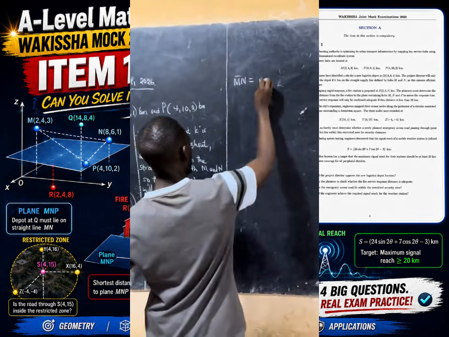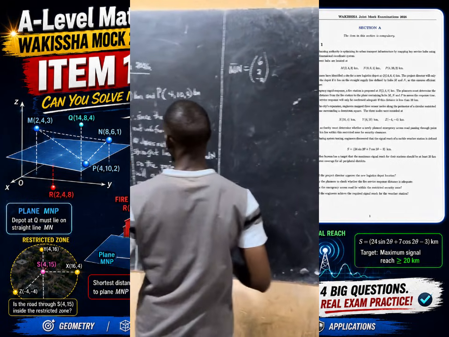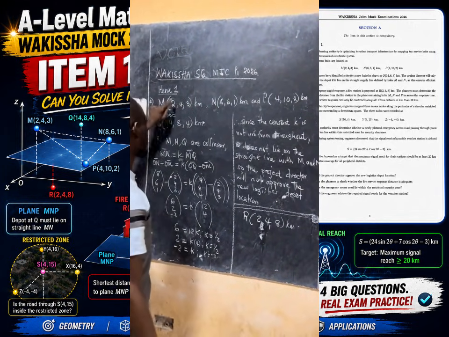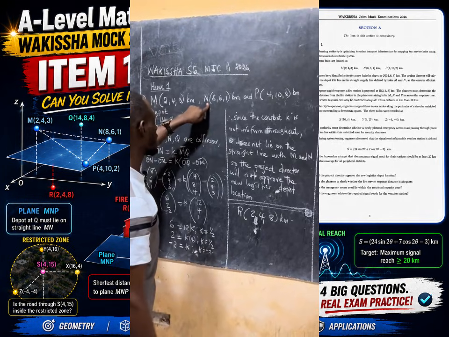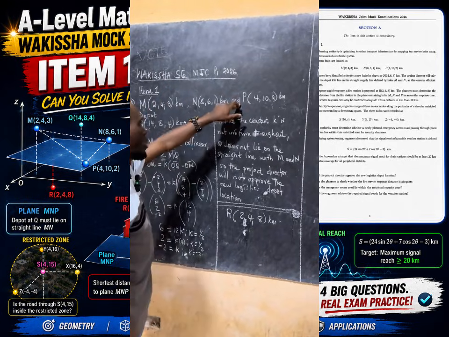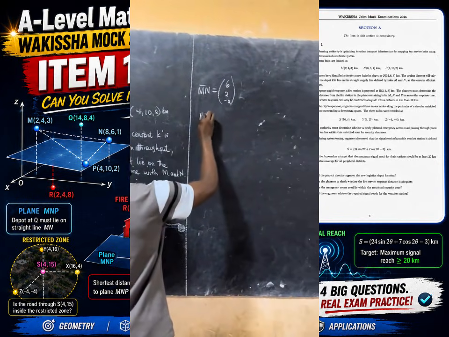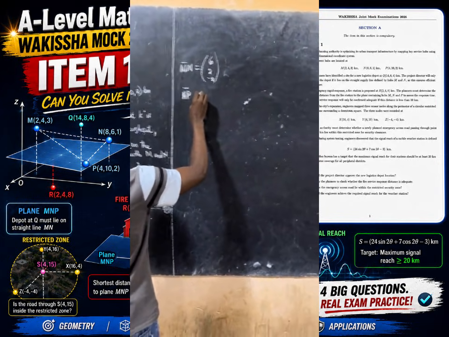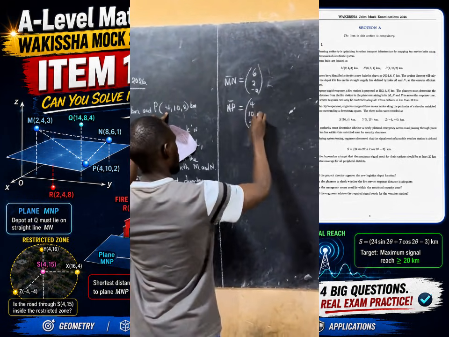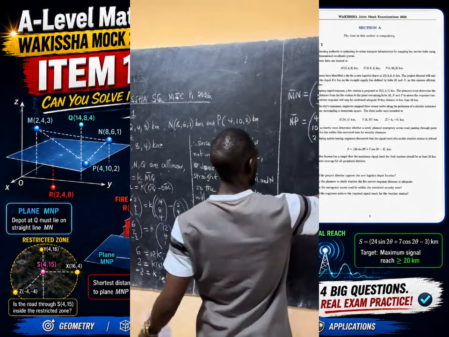MN is 6, 2, negative 2. Then I get the direction vectors. I've got MN, then I also need either NP or MP. Let me say NP, since initially we didn't get NP. So NP will be OP, which is 4, 10, 2, minus ON, which is 8, 6, 1.